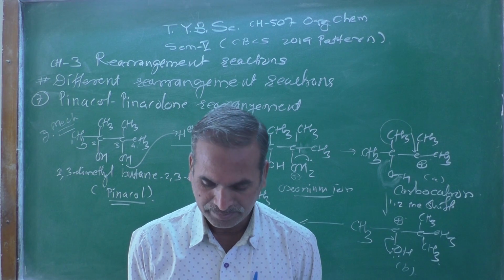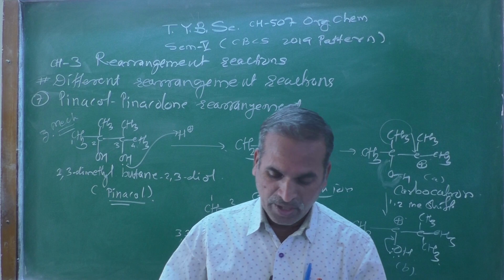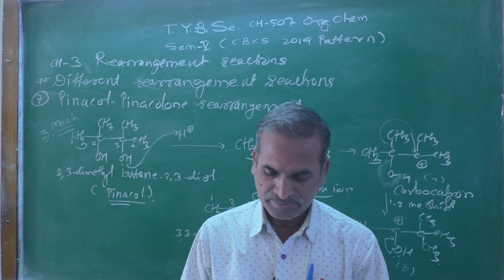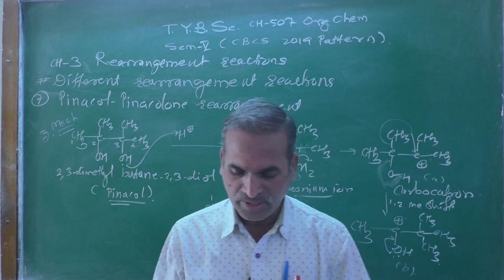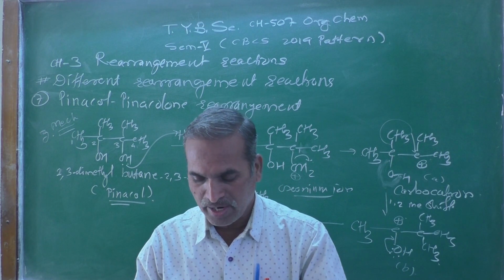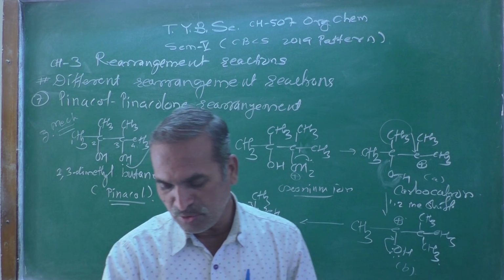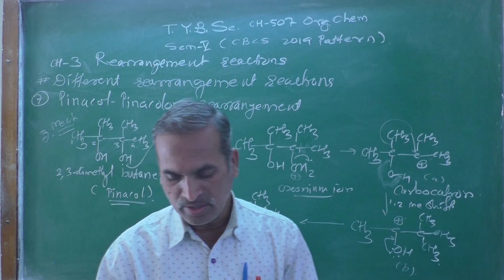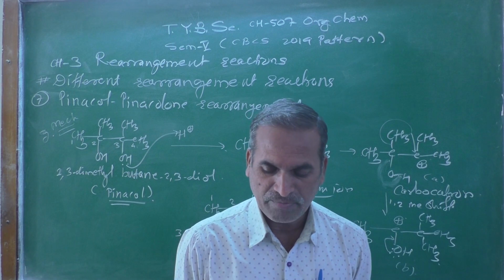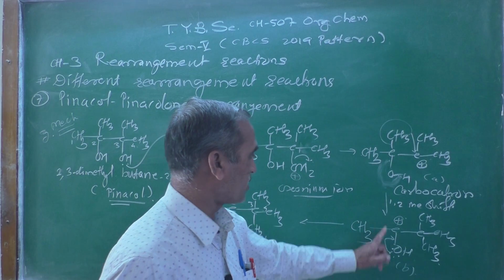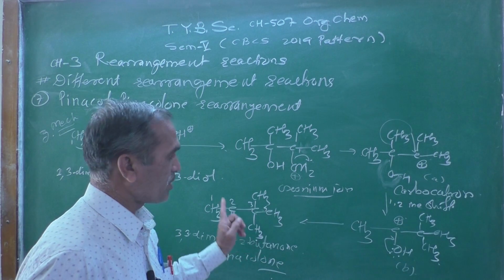Fifth point: the lone pair of electrons on the oxygen of the hydroxyl group stabilizes the positive charge on carbon by forming a pi bond.